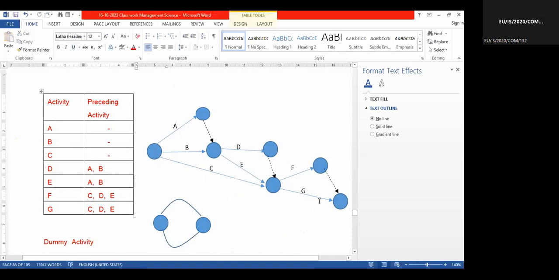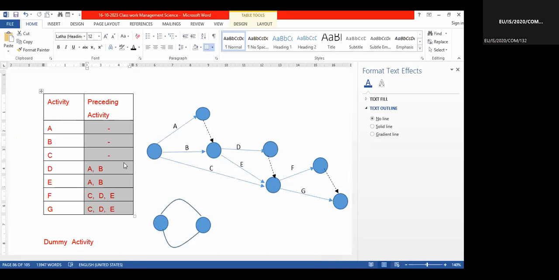A, B, C, D, E, F, G. Using these seven activities and the set of preceding activities, I have now constructed the network diagram for the information given in this table.